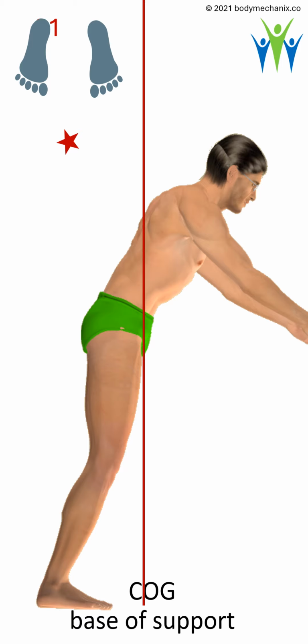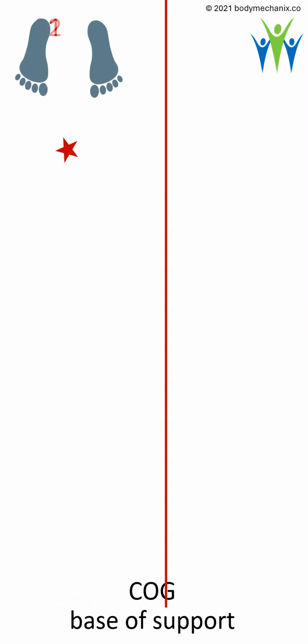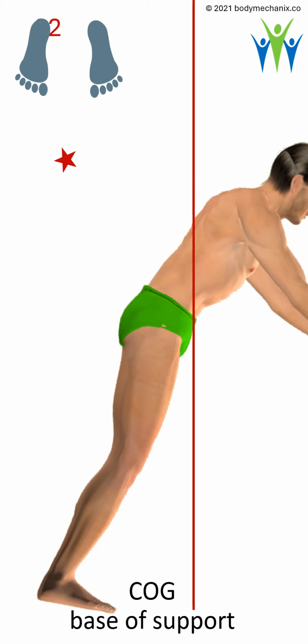If James wants to keep his position upright, he now has to either step forward to increase his base of support or hold on to something to again increase his base of support. In this position, even a lunge forward might be too late.